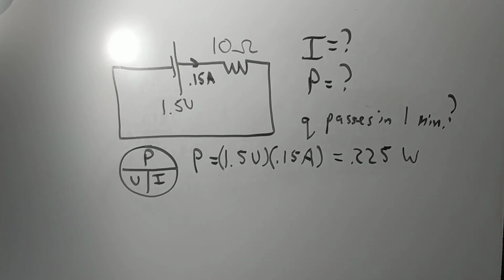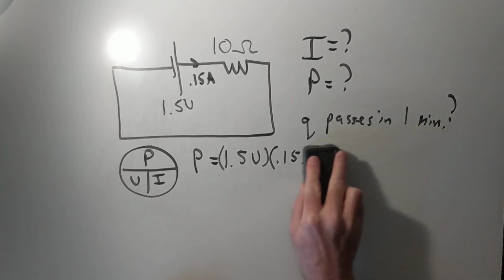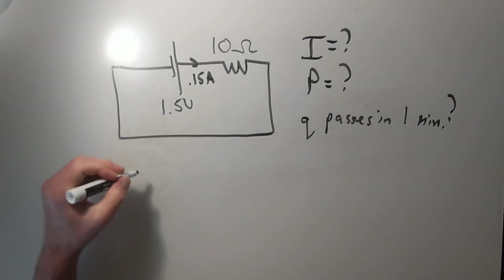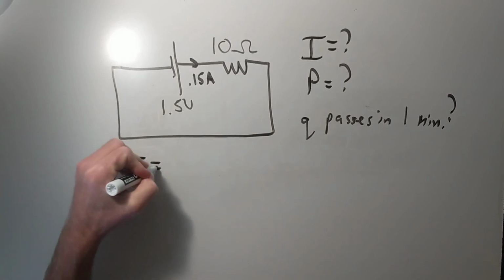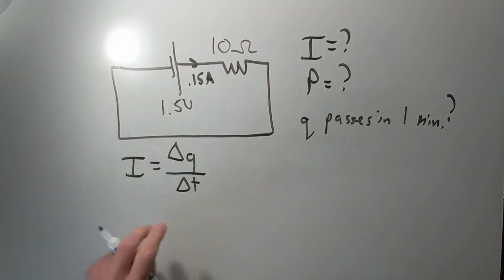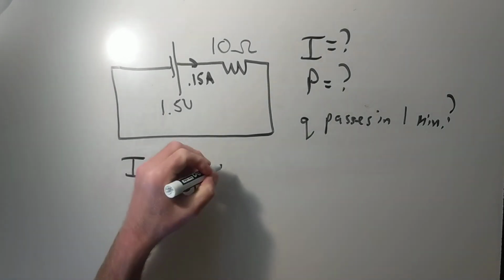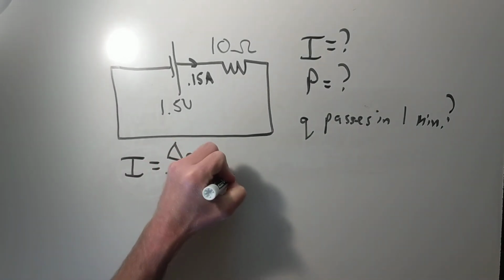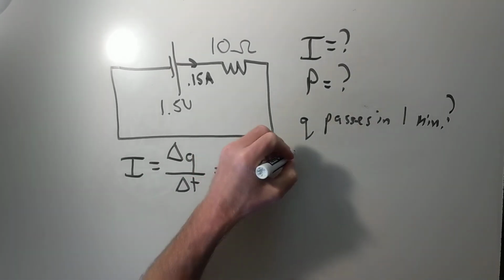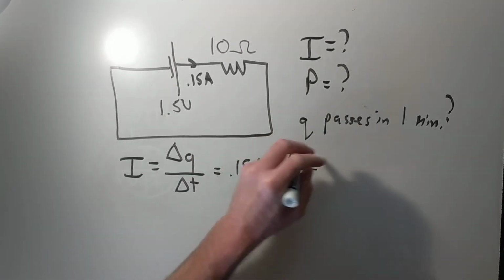Now let's find out how much charge passes by in 1 minute. So if we want to find the charge, we know that current is charge over time. We already know the current. That's 0.15 amps. We're looking for the charge, how much charge passes by. We can't use minutes though.